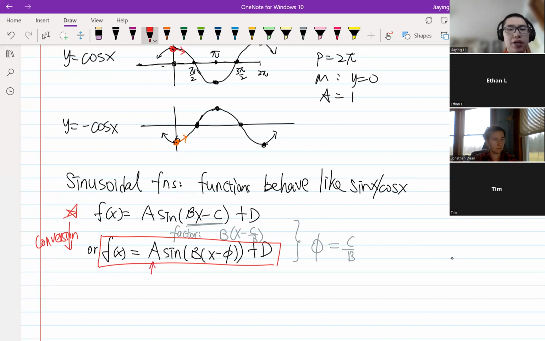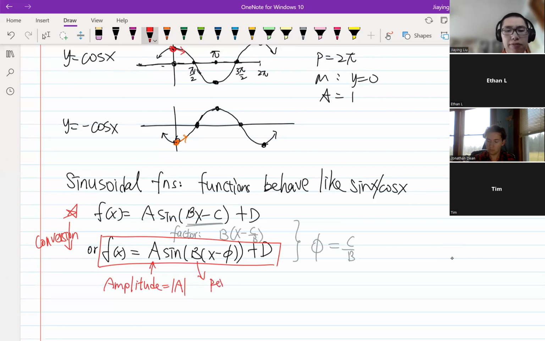So A is going to tell me the amplitude, which is the absolute value of A. If A is negative, the amplitude is the absolute value of the negative number. If A is positive, it's just the number itself. And B is going to tell me how long the period is.